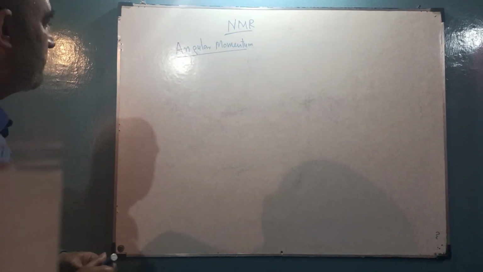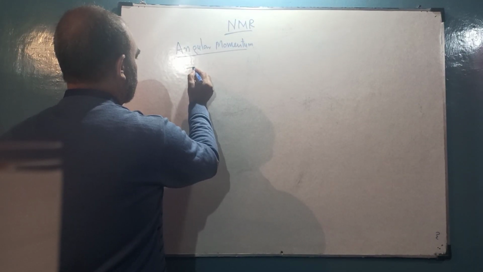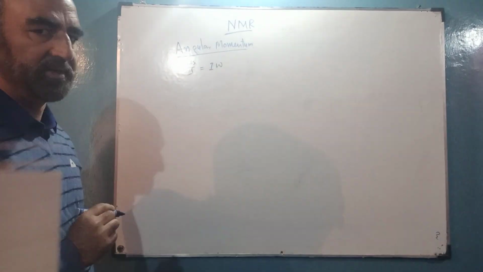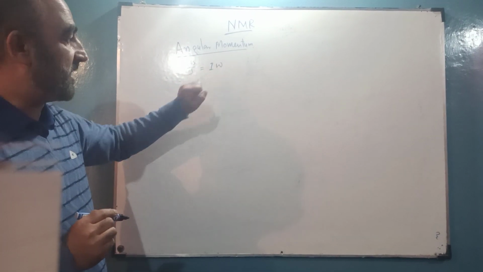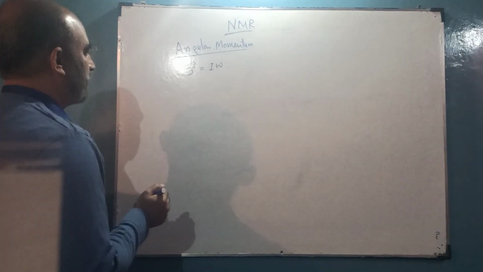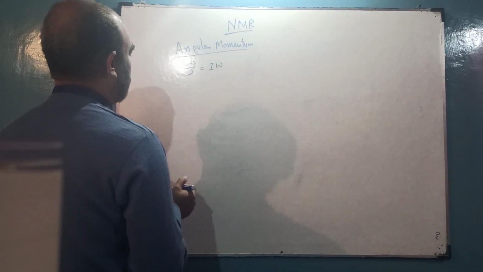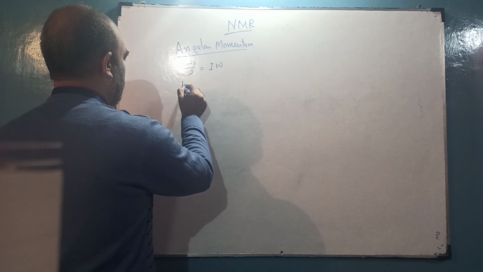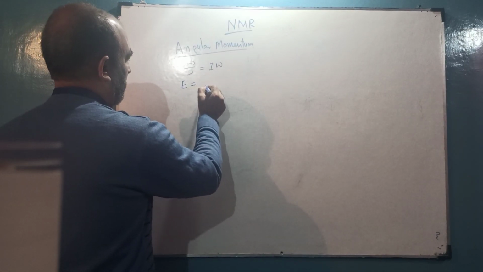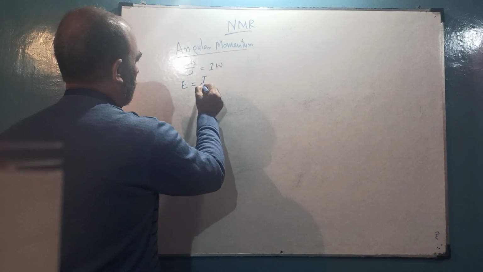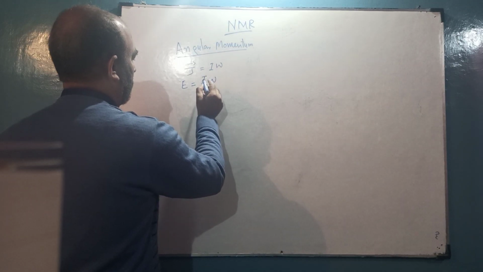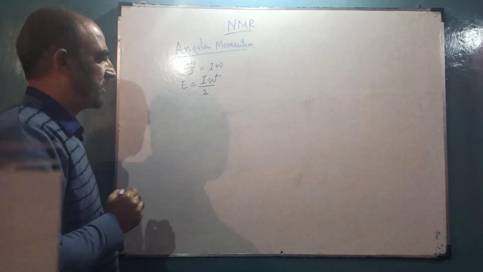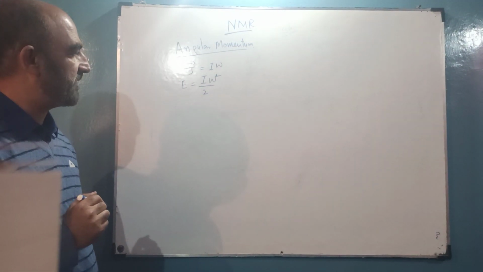Again I will repeat here that the angular momentum in the classical sense is given by I omega, where I is the moment of inertia and omega is the angular velocity. And the energy of the particle in the classical sense, E, the rotational energy, will be equal to I omega square by 2, or 1 by 2 I omega square.